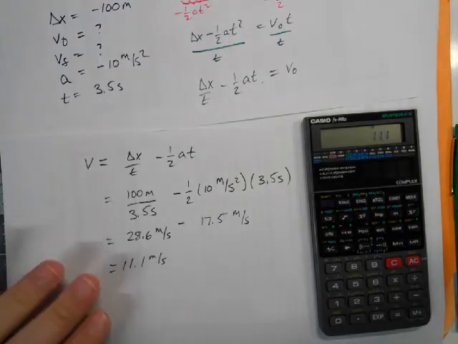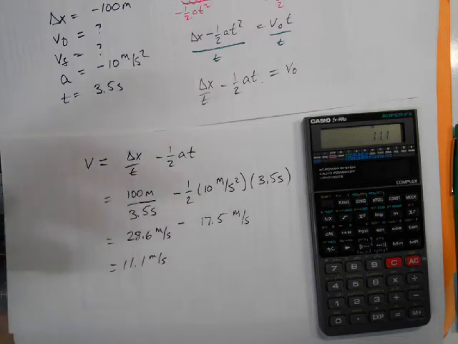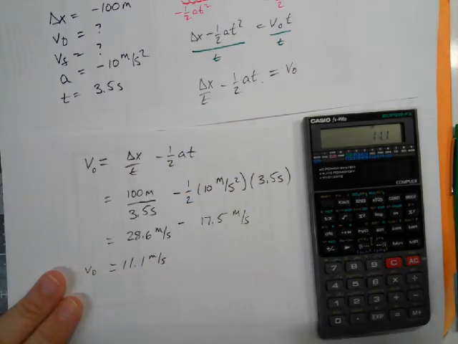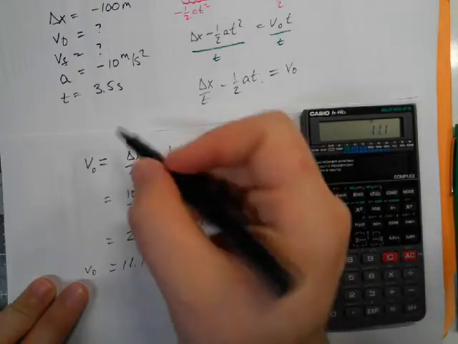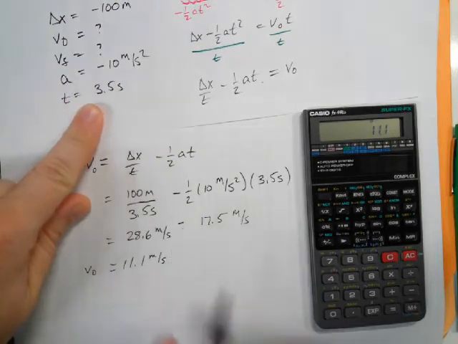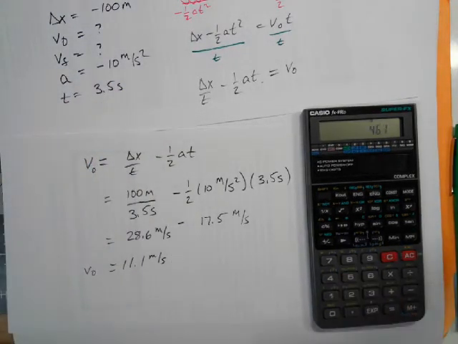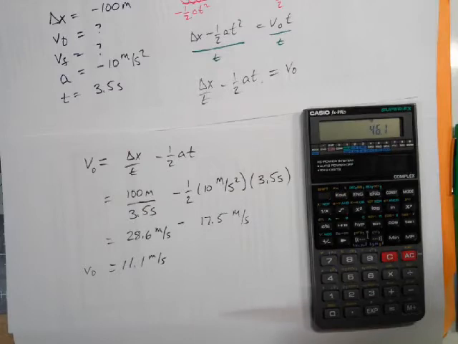So if we continue this on, we get that V final, if I work it out ahead of time, is just going to be taking this number plus acceleration times time. And so it'll be plus 35 meters per second. So V final will be 46.1. And then we check, we plug it into another equation.